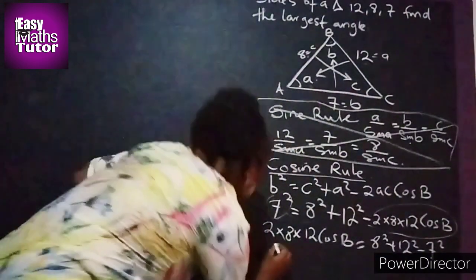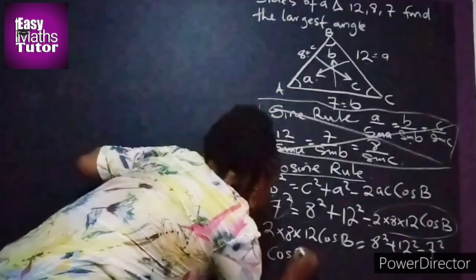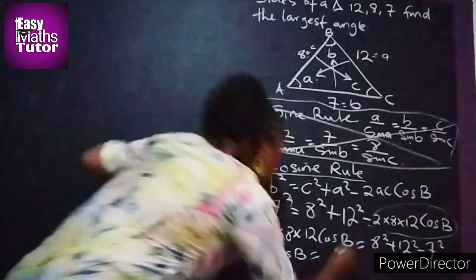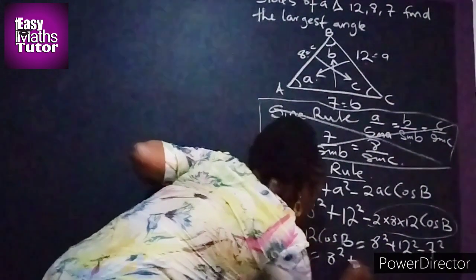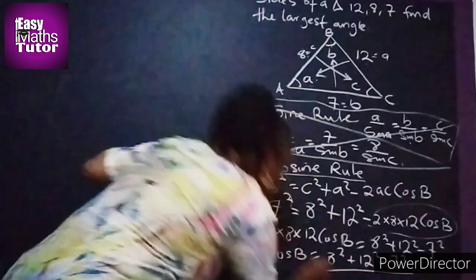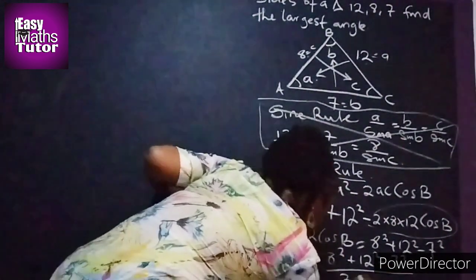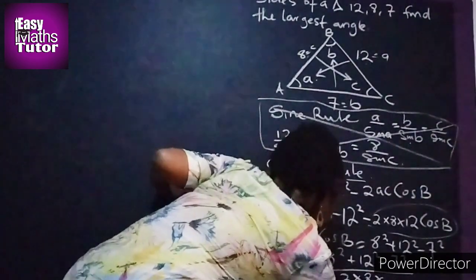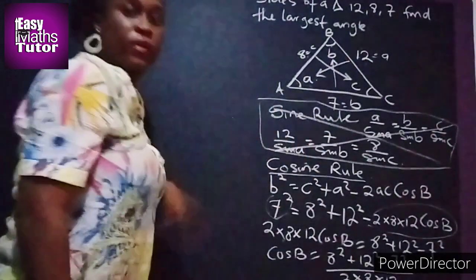So cos B is 8 squared plus 12 squared minus 7 squared, all over 2 times 8 times 12.